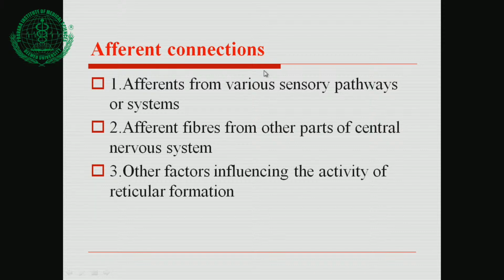Now the afferent connections of the reticular formation. These are divided into three groups: afferents from various sensory pathways or systems, afferent fibers from other parts of the central nervous system, and other factors influencing the activity of the reticular formation.